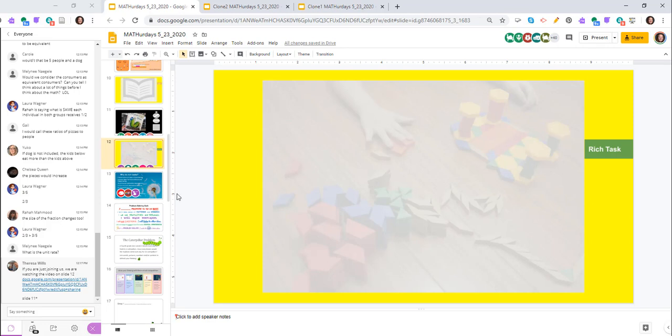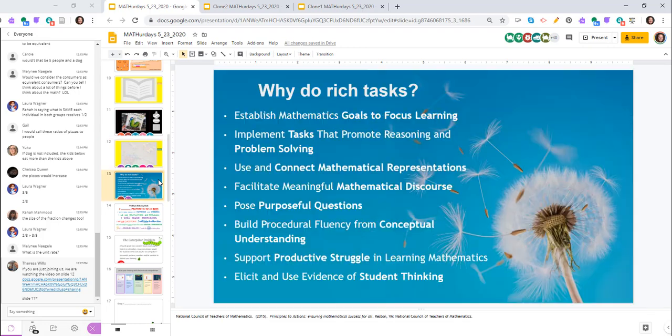All right, I hope that book is the perfect way to prime you for this problem. On slide 13 is the reasons and the objectives for why I do rich tasks in mathematics. These come out of the National Council of Teachers of Mathematics' 8 math teaching practices, and you'll see all of them today.